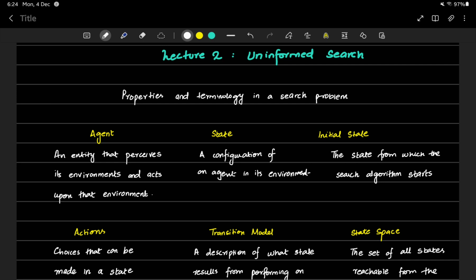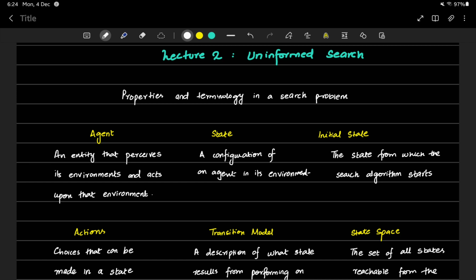So let's start with the first term, which is agent. Now, I have actually explained this in lecture 1.1 in extreme detail, so we have a great amount of idea about what is an agent.